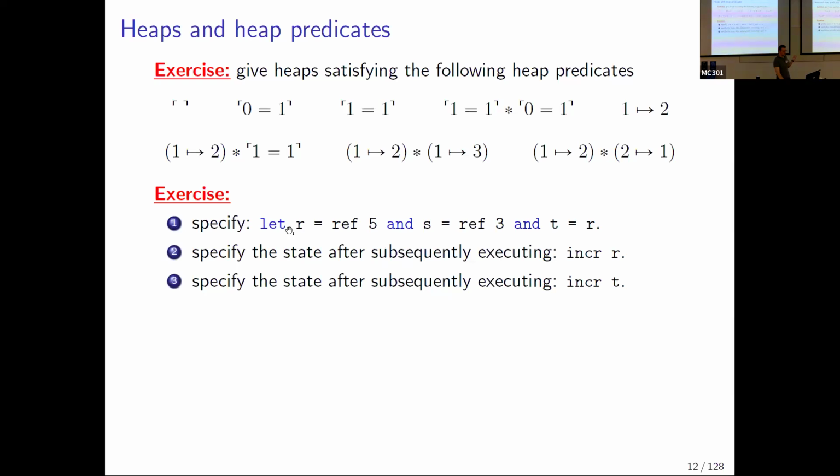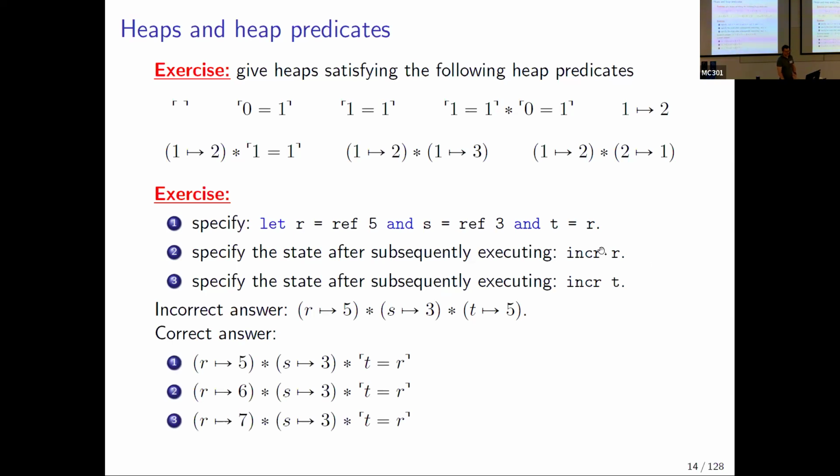So if you have a simple program that allocates 2 references, let R is equal to ref 5 and S is equal to ref 3 and T is equal to R. The first ref is an allocation, the second ref is an allocation, and the third thing is not a ref, so it's not an allocation. If you want to specify this, you should not give this as a postcondition, because T would not be able to be separated from R. This is the case of aliasing, which is the first thing that separation logic was used for.